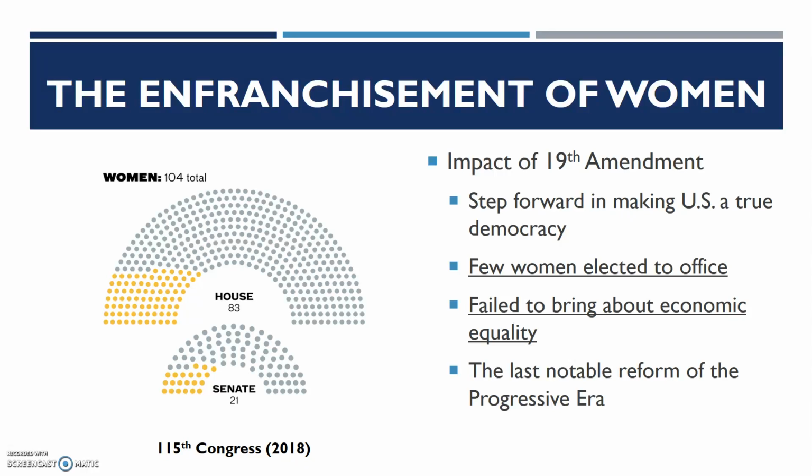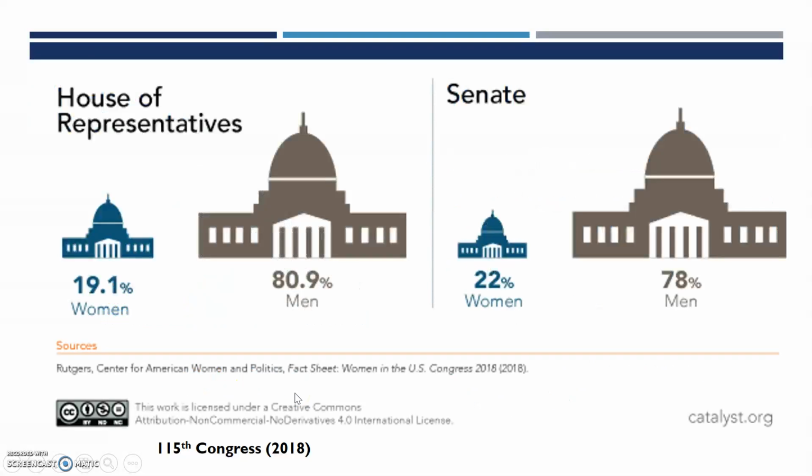Here are a couple of charts I wanted to show you about modern participation in politics. The Congress that was sworn in 2018 consisted of only 104 women in total. 83 of them served in the House, so this small percentage here, and only 21 of the 100 senators were women in 2018.